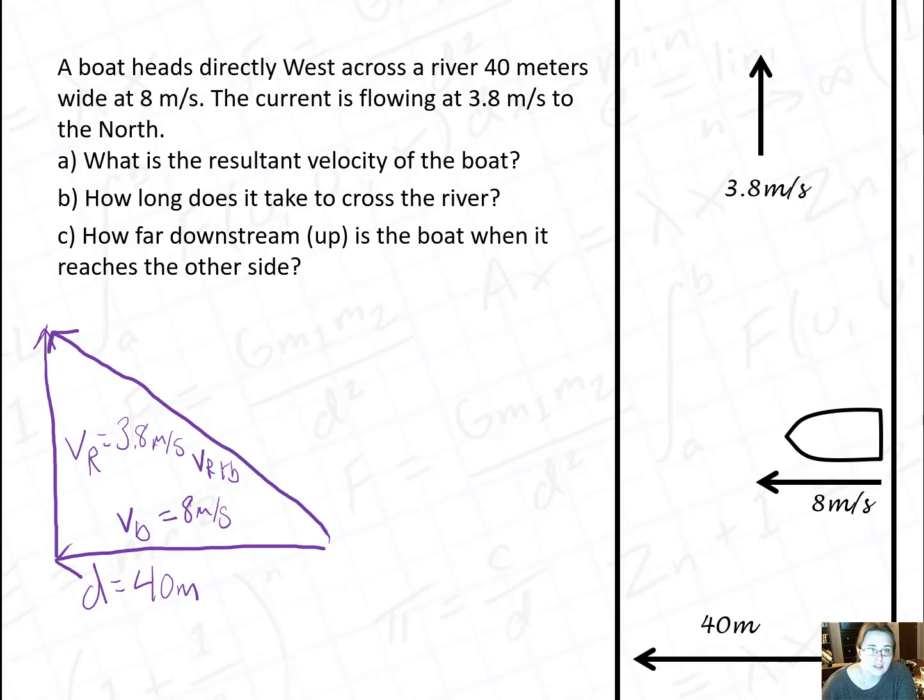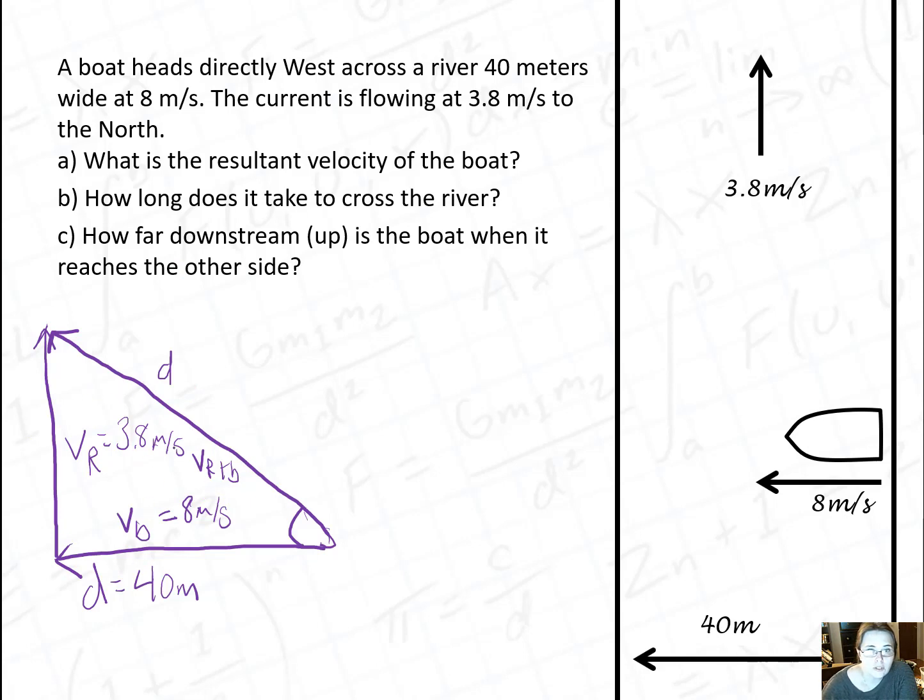It says the resultant velocity of the boat, so I'm just saying V r plus b, because those are the subscripts we used before. The velocity includes the direction, so we do need this angle as well. We will need to find the distance across here in order to find the time, and I'm going to show you that in a second. But first, we can do the easy part first.